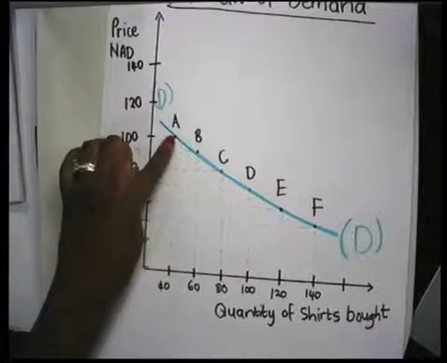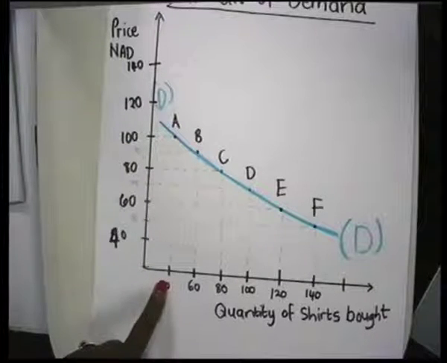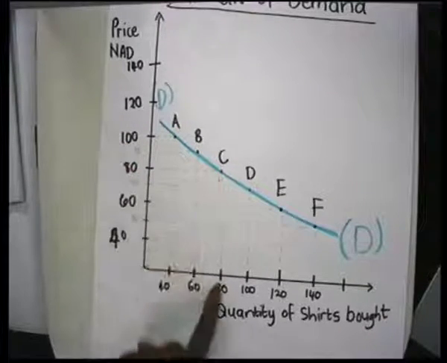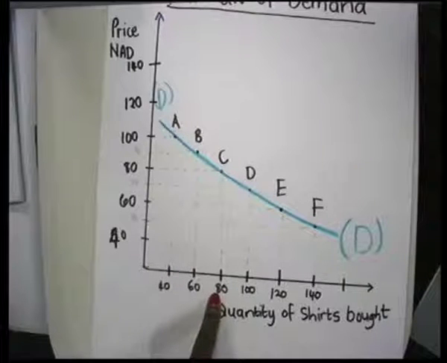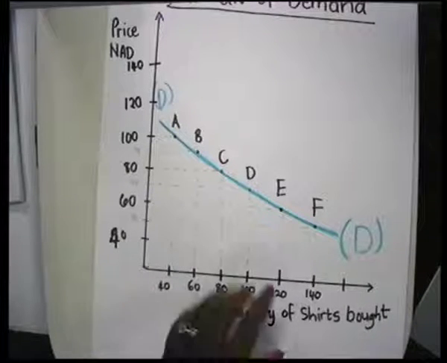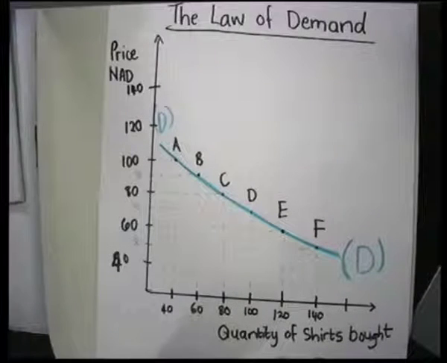So the higher the price, the less the quantity. The lower the price, the more the quantity. So then in this case, we say that there is a negative relationship between price and quantity.